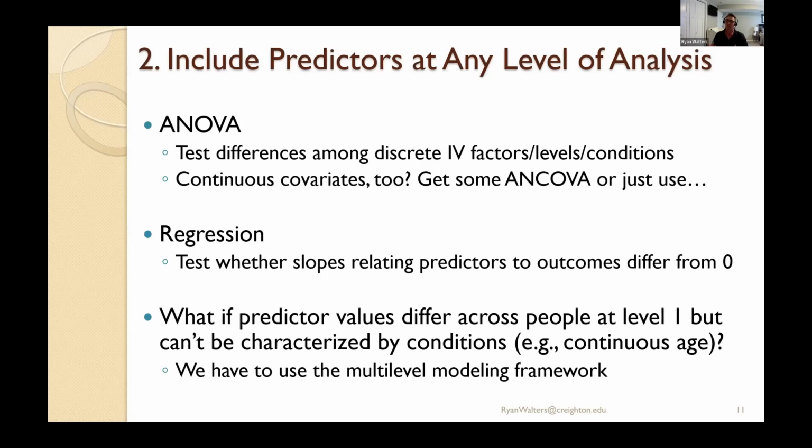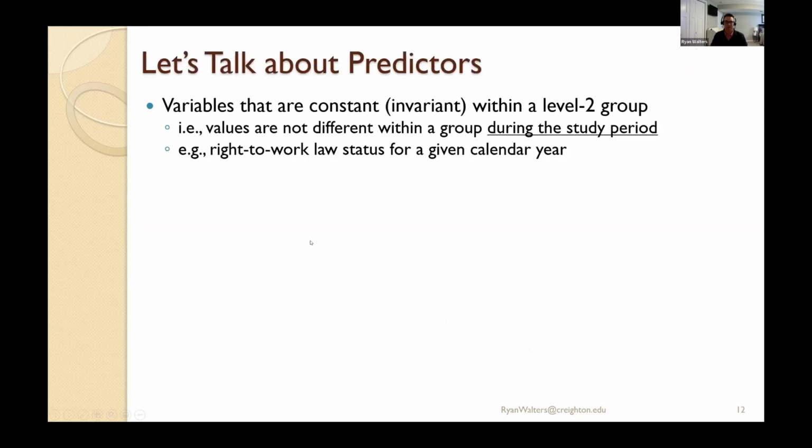So if you have a level 1 predictor such as age, creating quantiles, 10 years here and there, that's just not going to be the way to go. You're going to lose a lot of information there. So if you want to include level 1 predictors in this model, you're going to have to move into a multi-level modeling framework. So let's talk a little bit about those predictors.